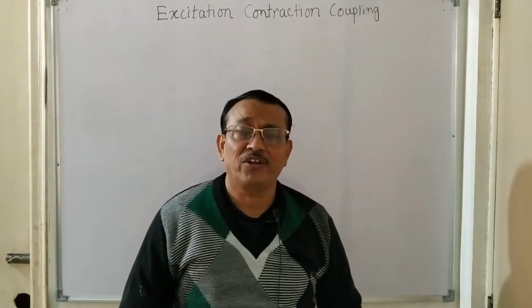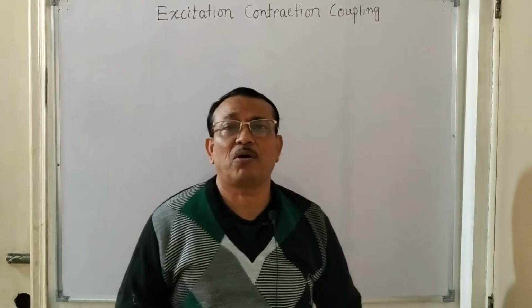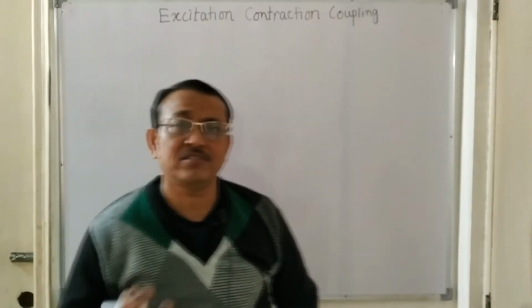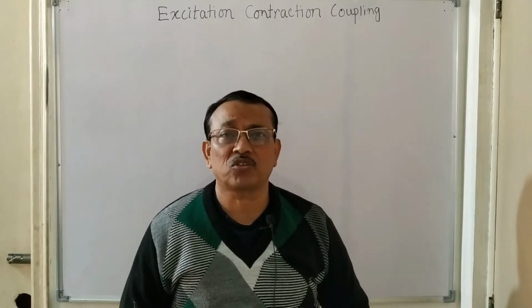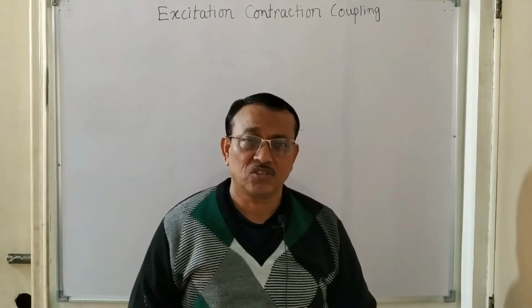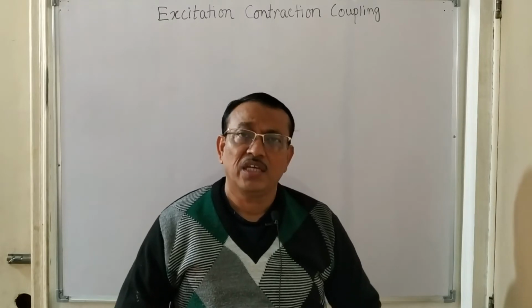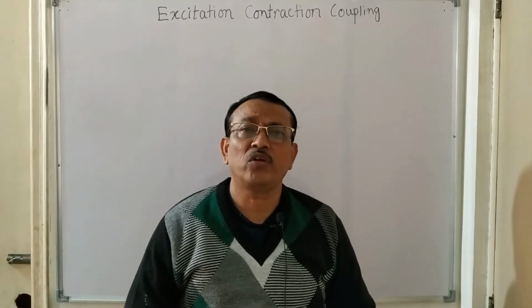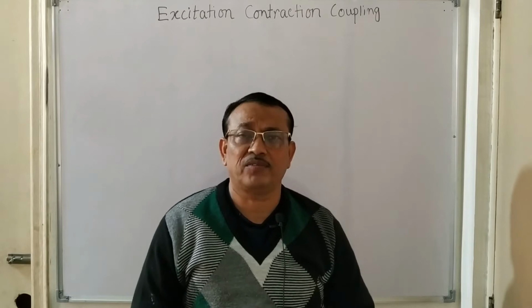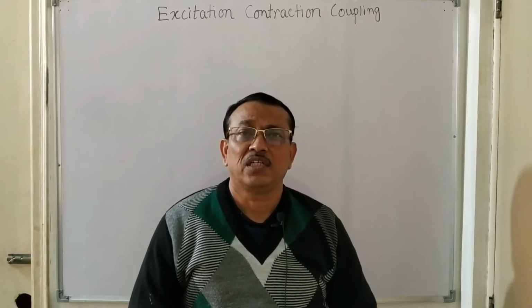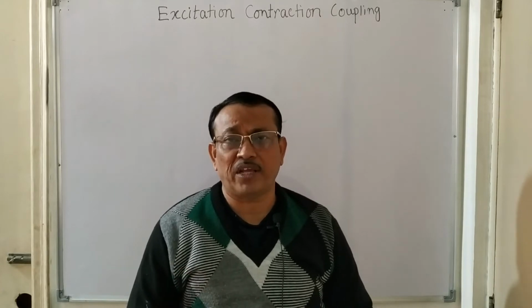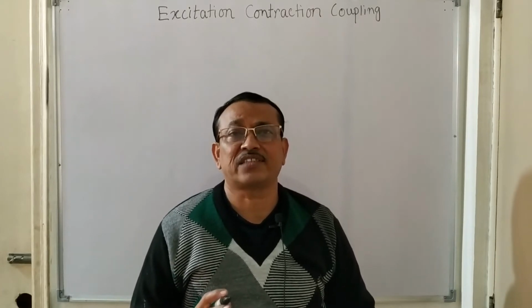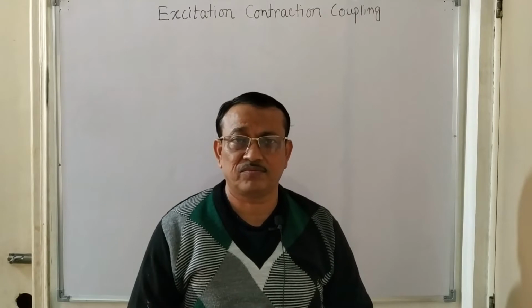In my last video, I tried to give you the basic idea regarding the neuromuscular transmission. There I told that if a motor neuron is stimulated, then the muscle membrane is first excited or stimulated.